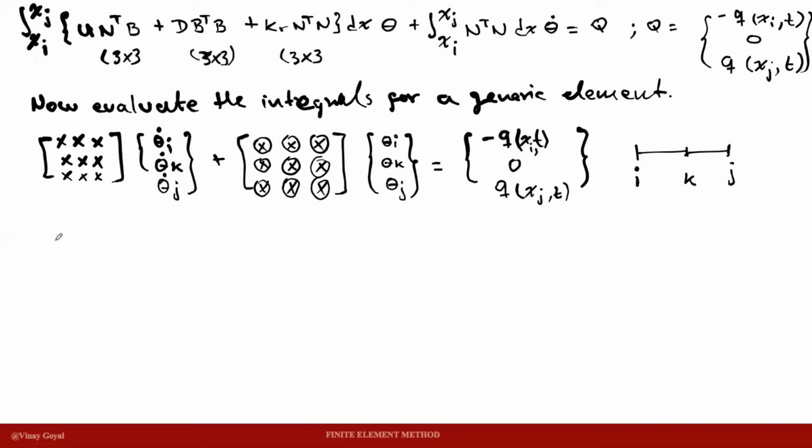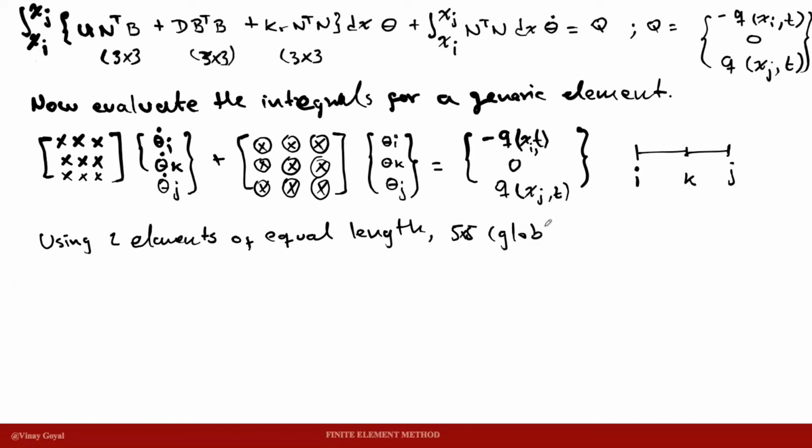So if we use these two elements of equal length, we get a 5 by 5 matrix corresponding to the global system.